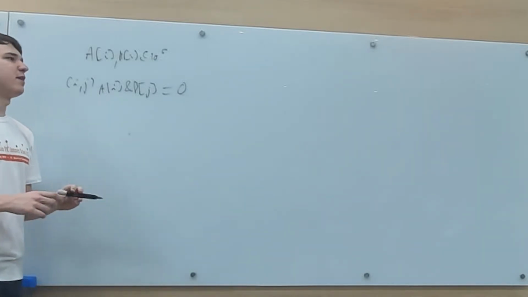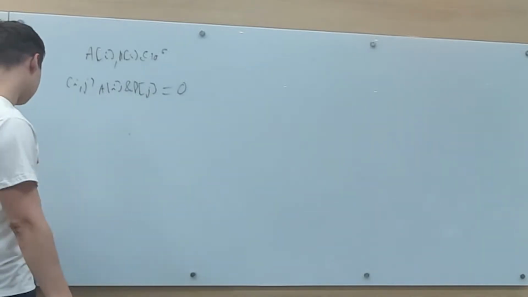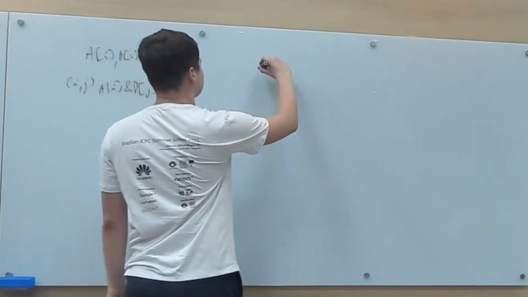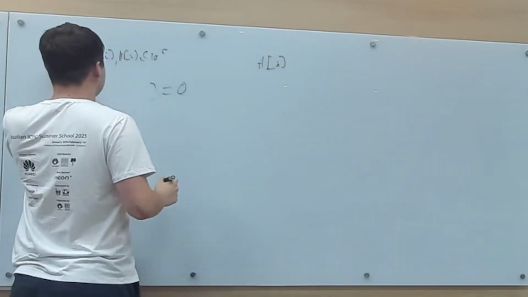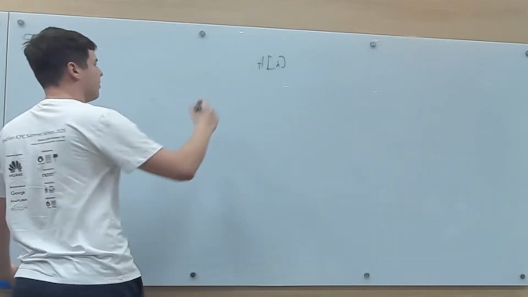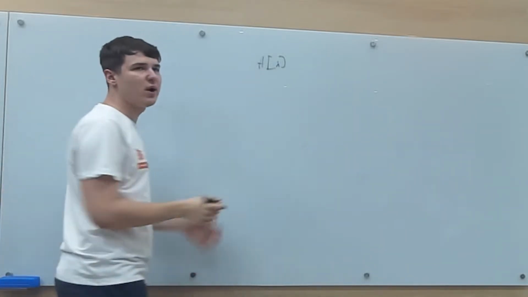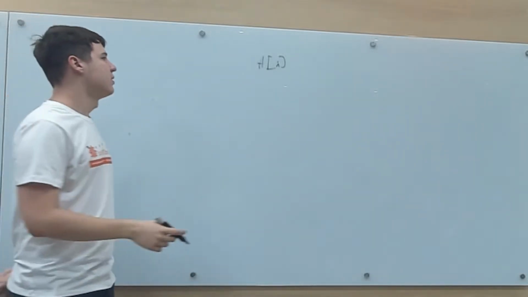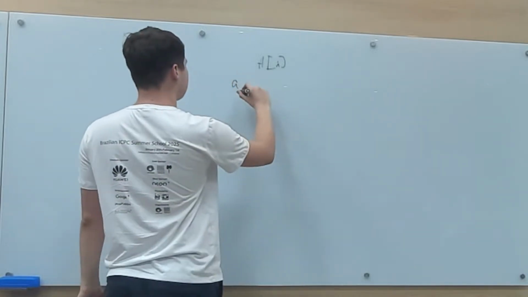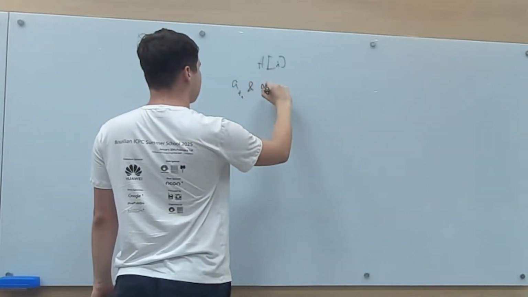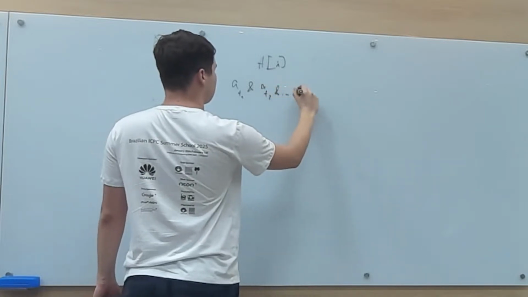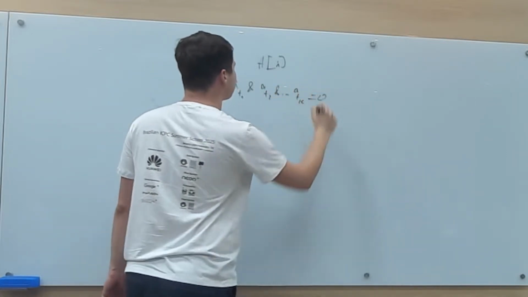Now let's go to something more interesting. We have an array, some sequence A_i, and we want to count the number of subsequences of this sequence such that A_t1 AND A_t2 AND ... AND A_tk equals 0.